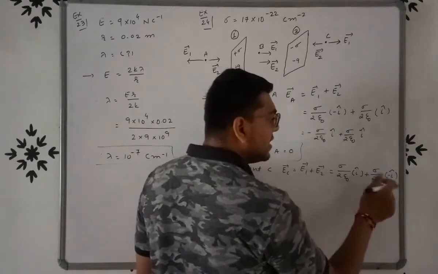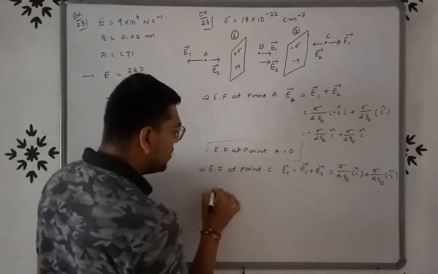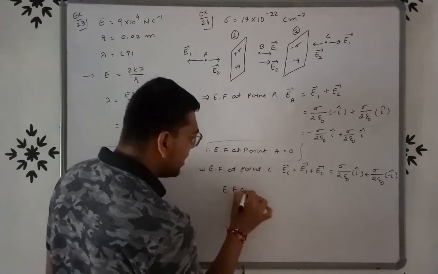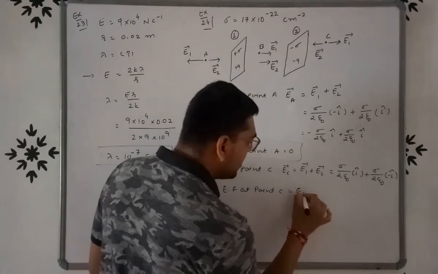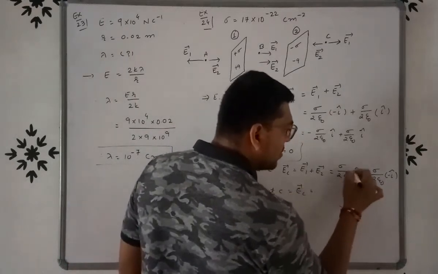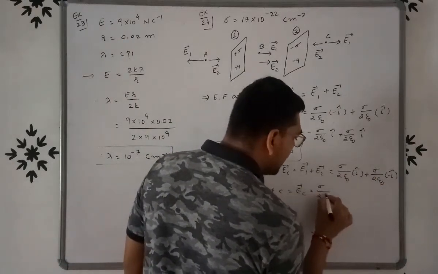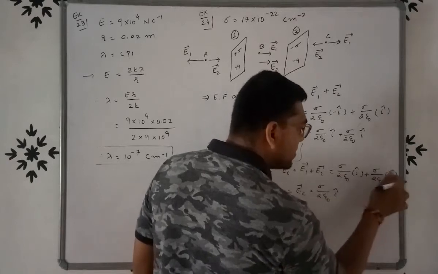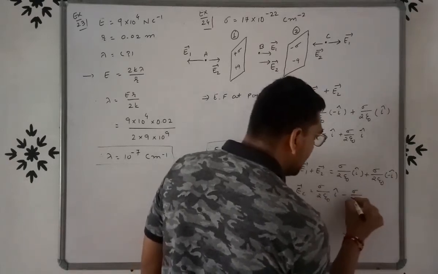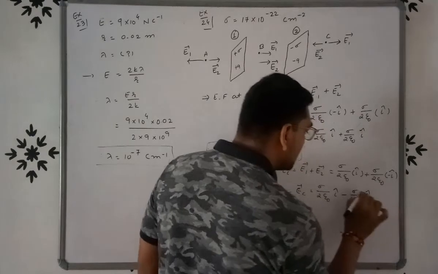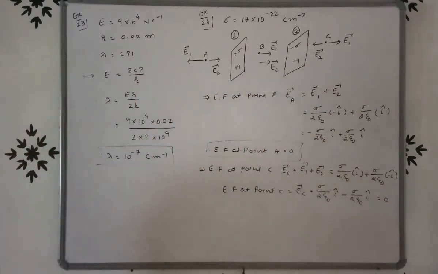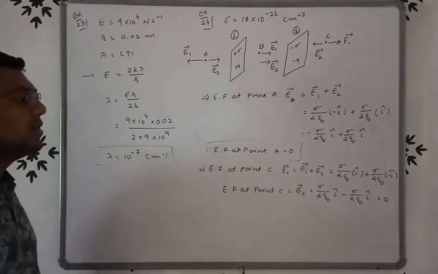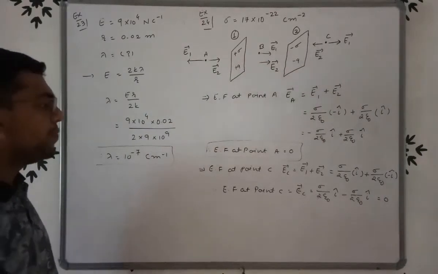So this is plus and this is minus. So EC is equal to sigma upon 2 epsilon 0 i cap plus minus sigma upon 2 epsilon 0 i cap. So they cancel, and the electric field at point C is 0.